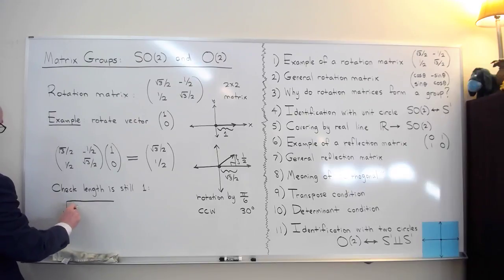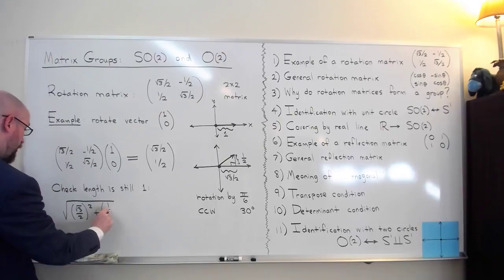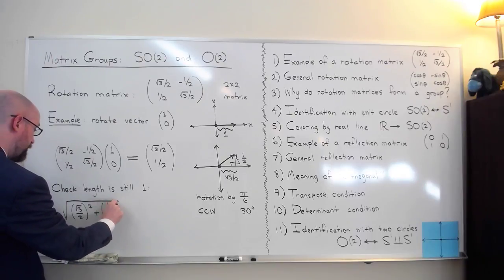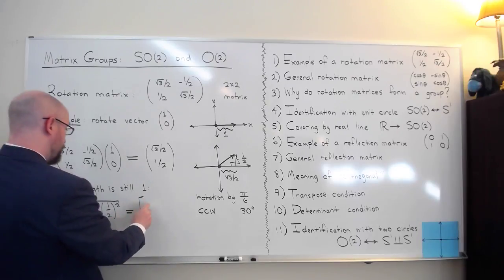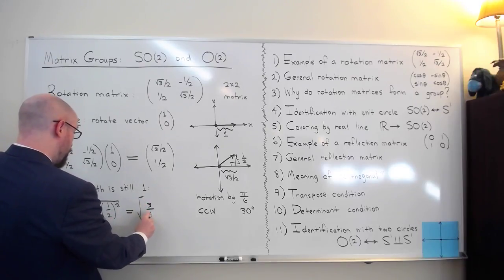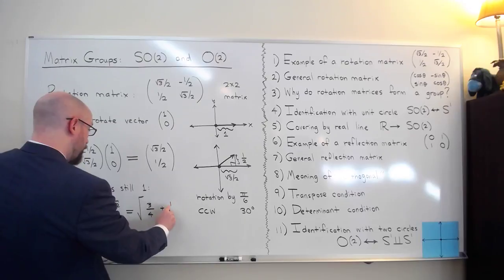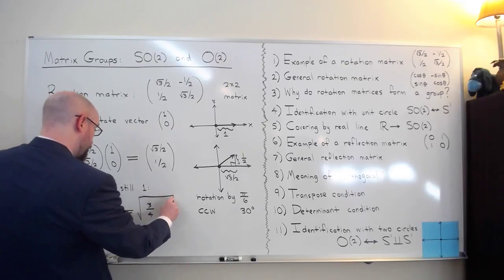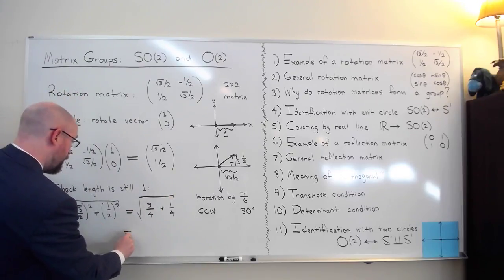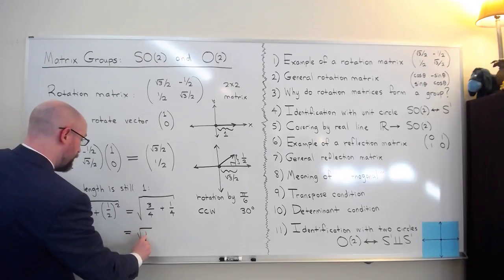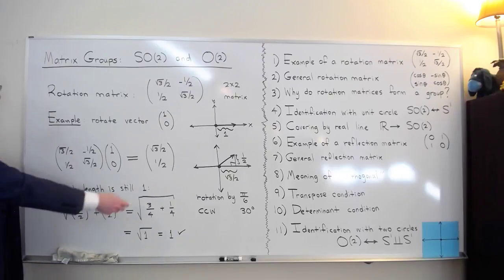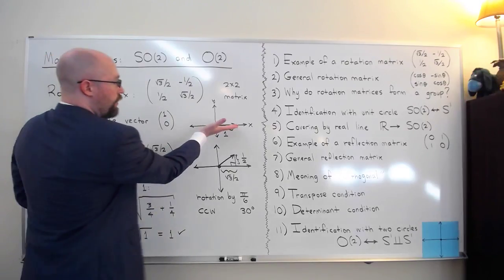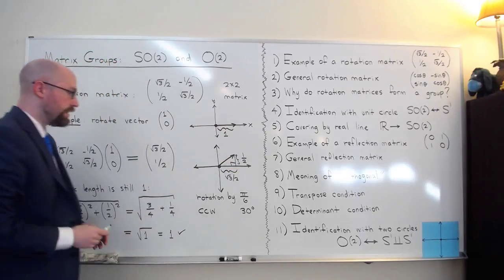That would be square root of 3 over 2 squared plus 1/2 squared. That square root of 3 over 2 squares to give me 3 over 4, and that squares to give me 1 over 4. So that's 3/4 plus 1/4, square root of 1, which is 1. So it still does have unit length. All it's done is taken it and rotated it by 30 degrees.